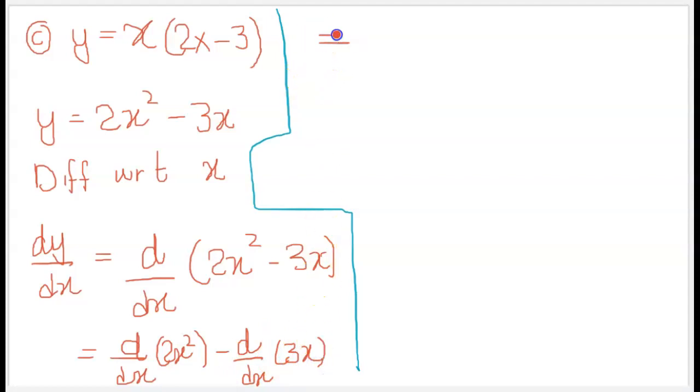The first one, when we do, the 2 comes out, and you need to do differential of the x squared. Does not matter if you put the square inside or outside, because there is only one thing there. Minus 3 comes out, d over dx of the x.